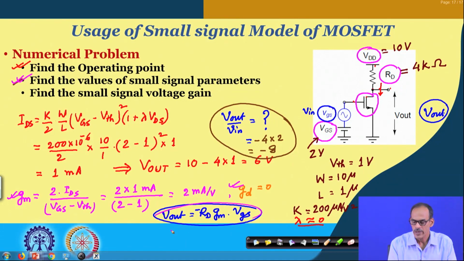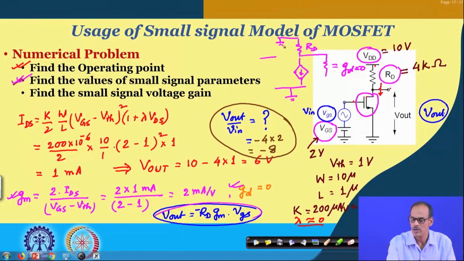In fact, we can draw the small signal equivalent circuit, whatever we already have discussed. This part is not there, I should say GD equals 0. So, this is for the MOS transistor, and then we do have the R D part.